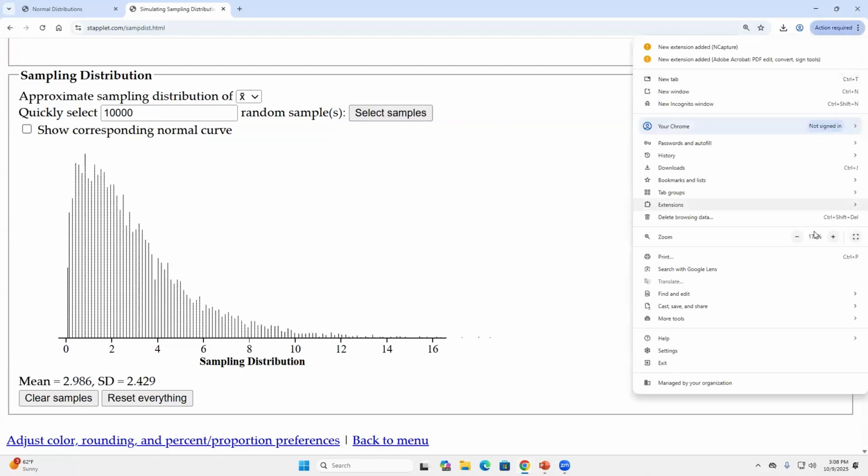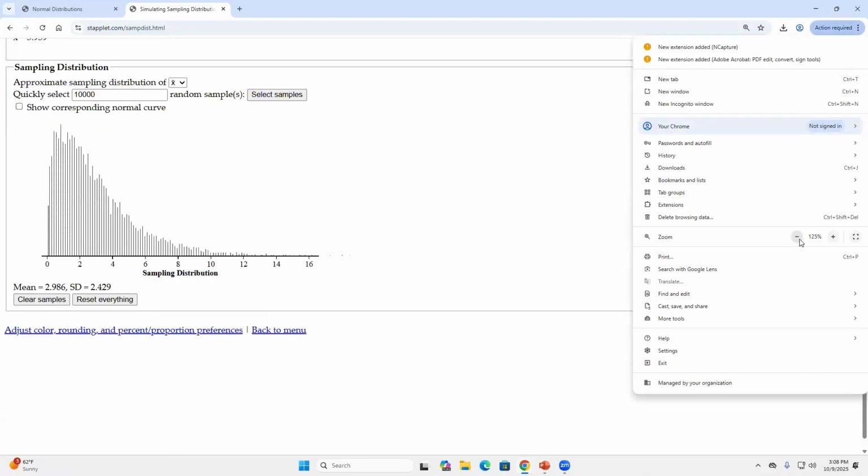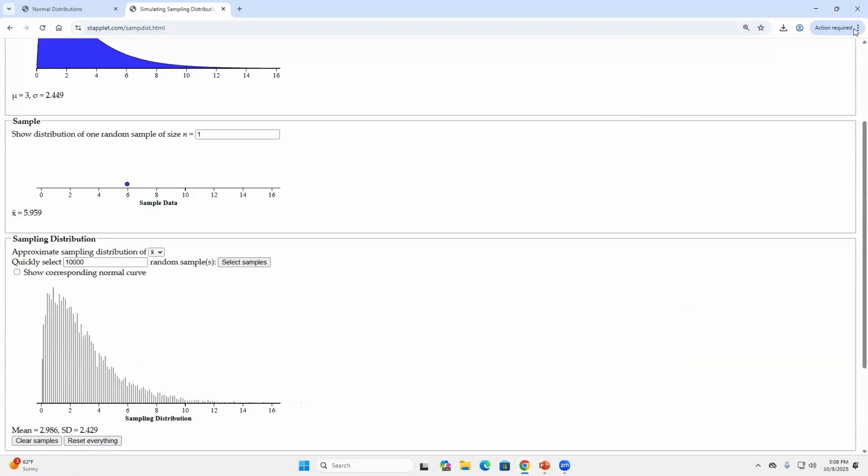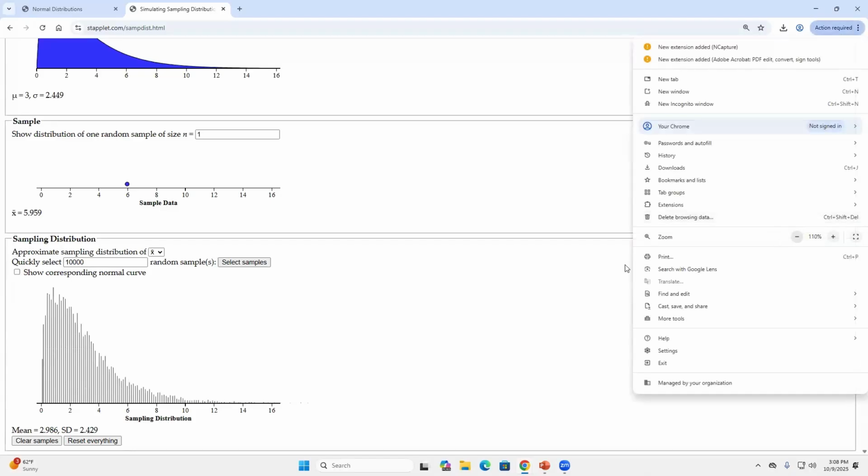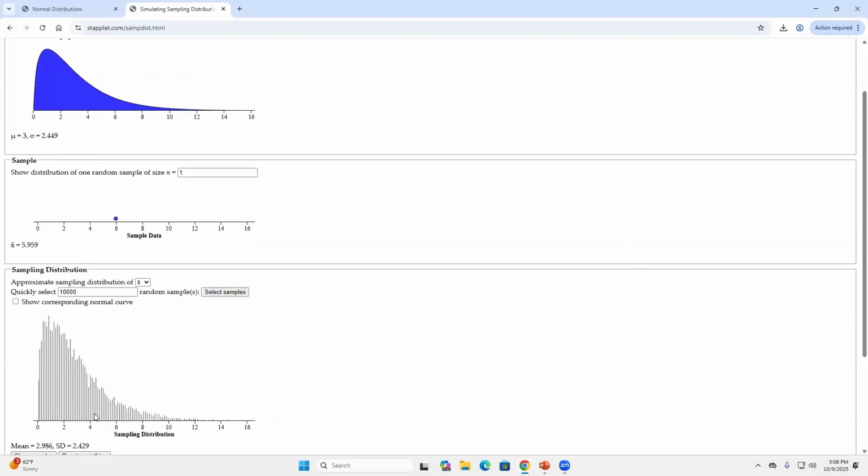For a sample size of 1, your sampling distribution has the same shape as your population. That's because your sampling distribution here is made up of individuals. These are sample sizes of 1. These are individuals. That's why the two shapes are exactly the same.